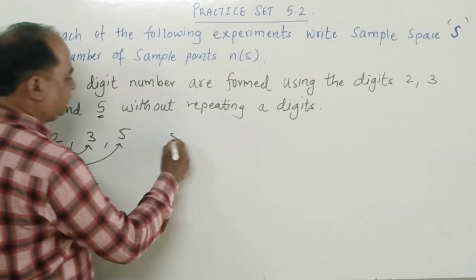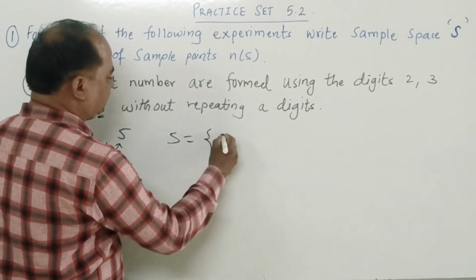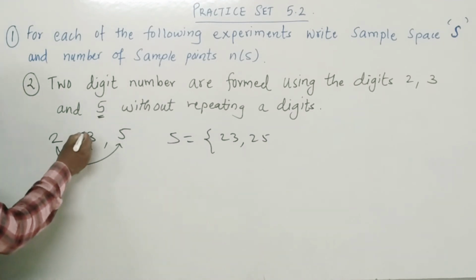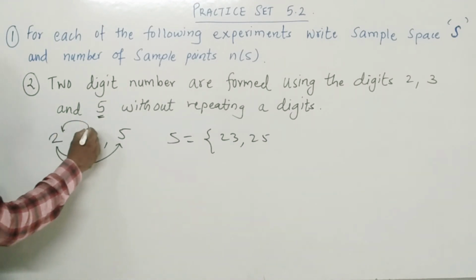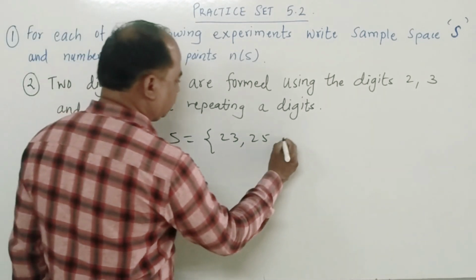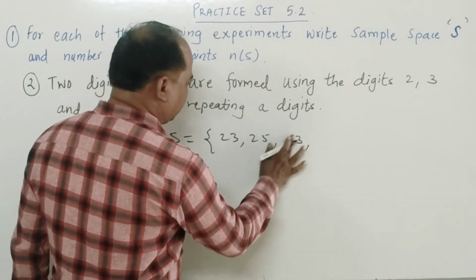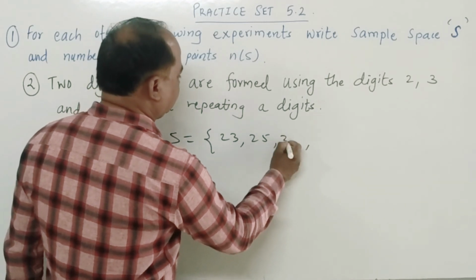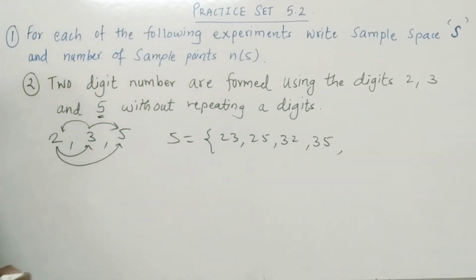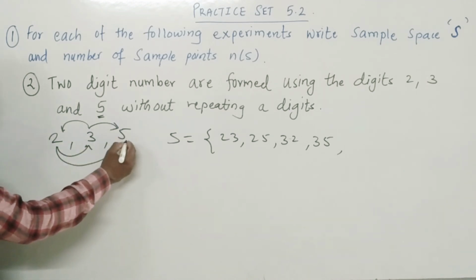So, S is equal to, first 23, 25. Then 3 will go with 2 and 5, that is 32, 35. Now see that there won't be any repetition.